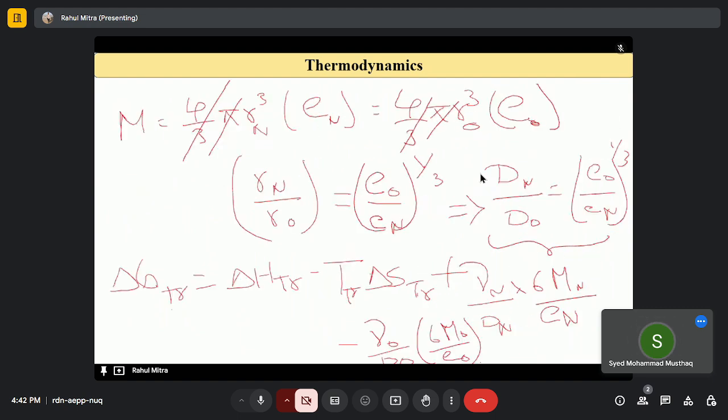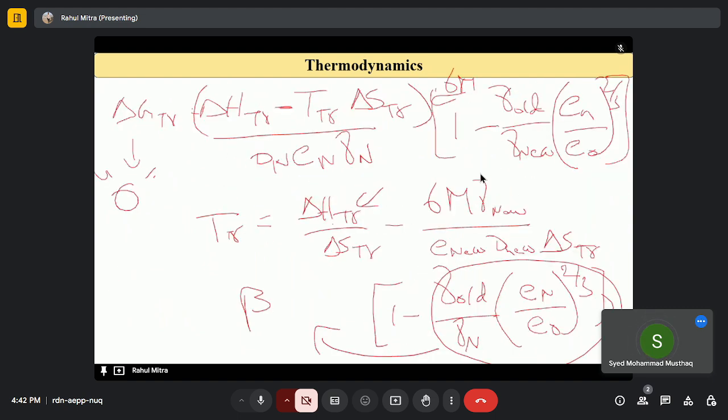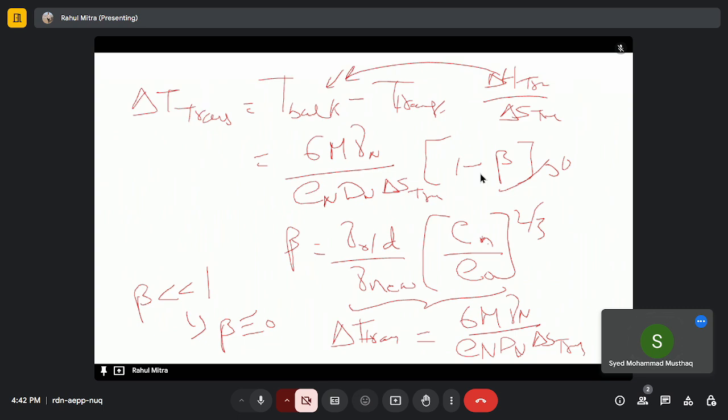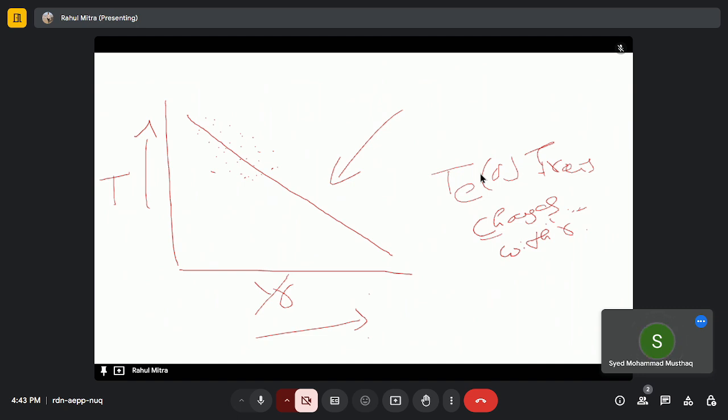So here is our density and diameter relation. Then we substitute there, and we have a few assumptions where we assume that beta is equal to 51 because of its values. Finally we arrive at this linear equation from which we can see how the equilibrium or transition temperature changes with R.